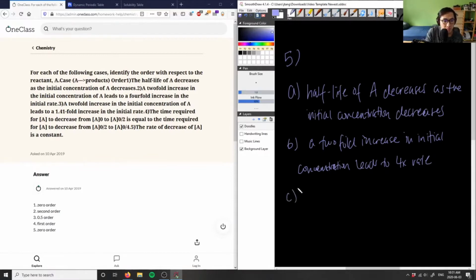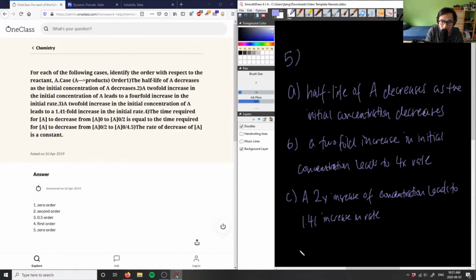C, this is a twofold, or a 2 times increase of concentration leads to a 1.41 increase in rate.